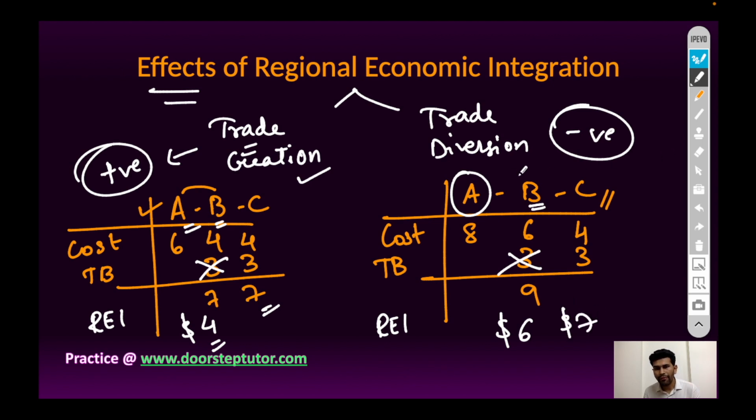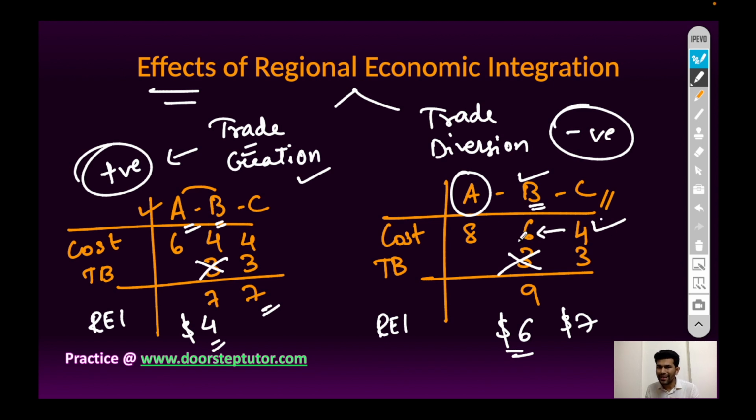So country A will import goods from country B because the cost is lesser as compared to country C. Despite country C's cost efficiency, country A will import from country B due to regional economic integration.